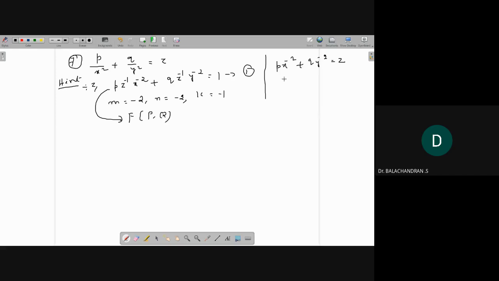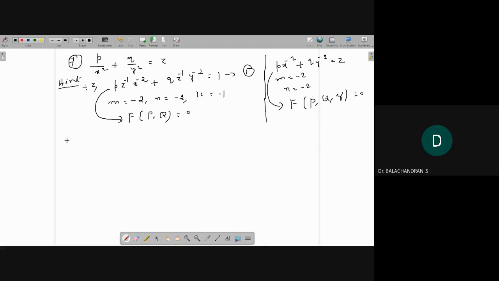Now in this case, you have m equal to minus 2 and n equal to minus 2. For k, there is no need to find the value of k because z is separated. So this equation is transformed into a function of p, q, and z equal to 0.